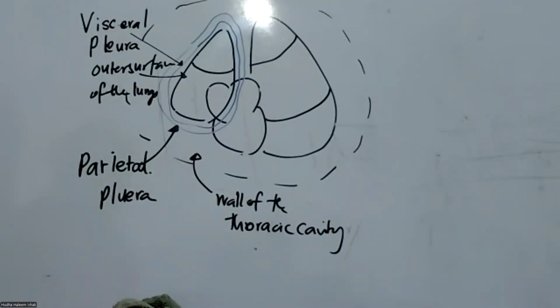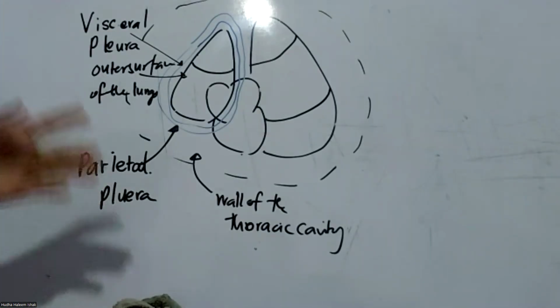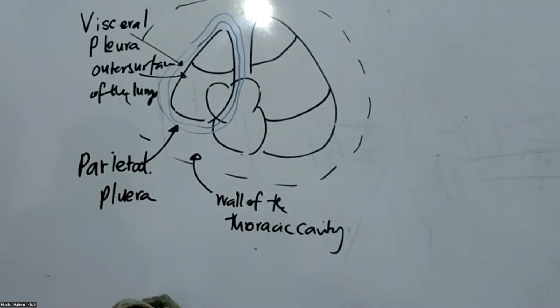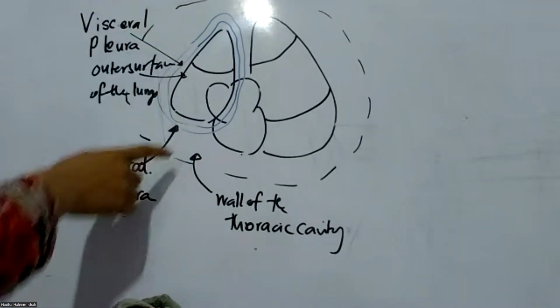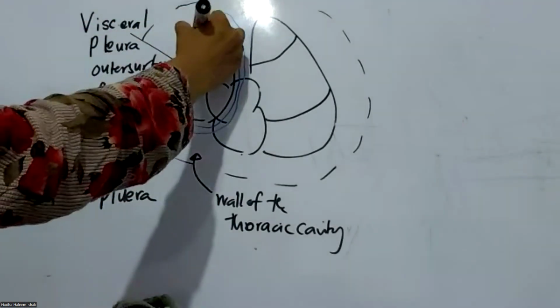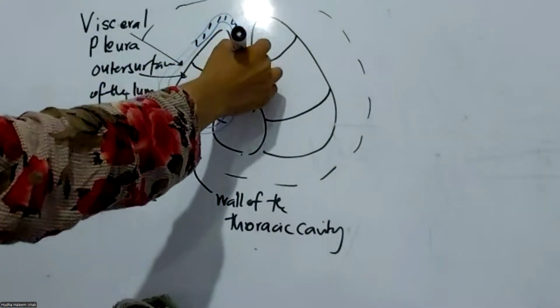See here also we can get four main points. There are two main membranes surrounding each lung, and we have the inner membrane as the visceral pleura. It is adhering to the outer surface of the lungs, and we have the outer membrane as the parietal pleura, which is adhering to the outer wall of the thoracic cavity. And in between the visceral pleura and the parietal pleura, we are having a fluid filled cavity.